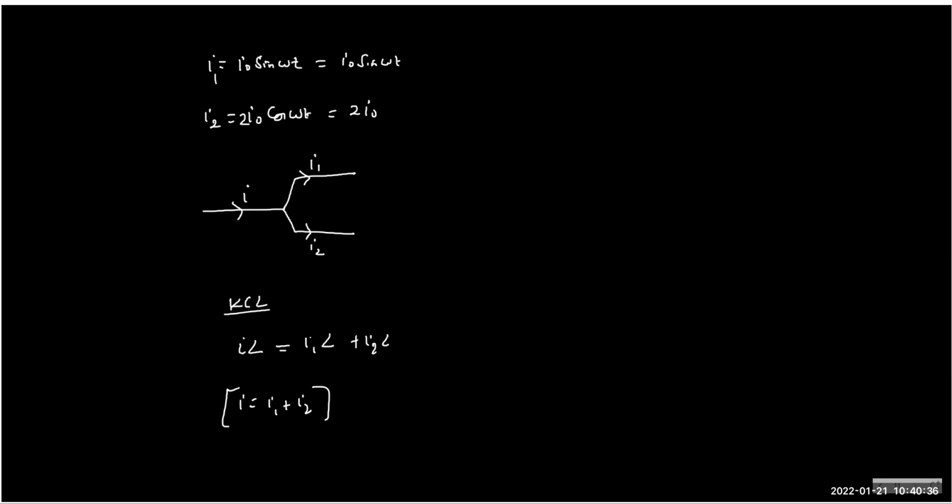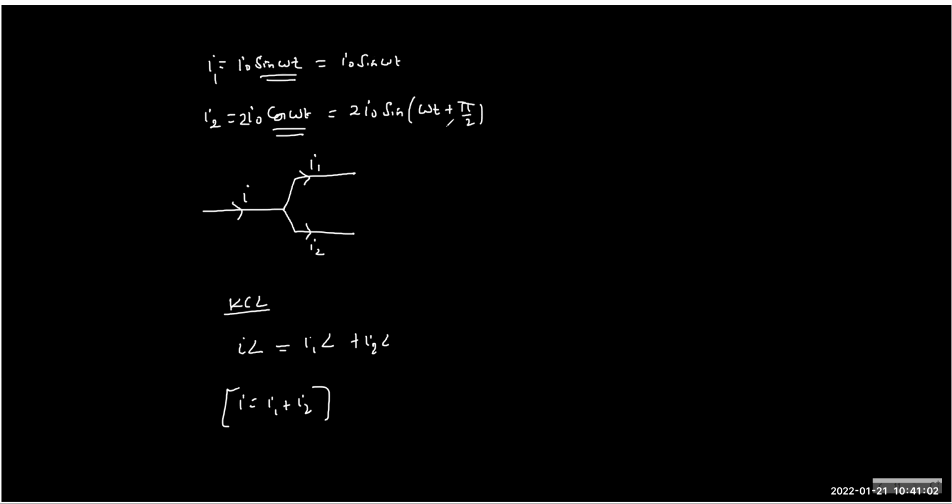We have to add with vector sign. And to make a vector addition feasible, convert everything into sine first. So this is sine, that's okay. This is cos, so convert into sine omega t plus 90. If you don't know this conversion, this is from trigonometry, so you can ask the math sir. He will help.